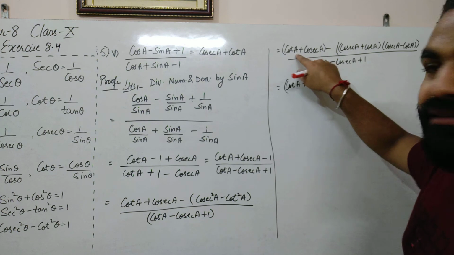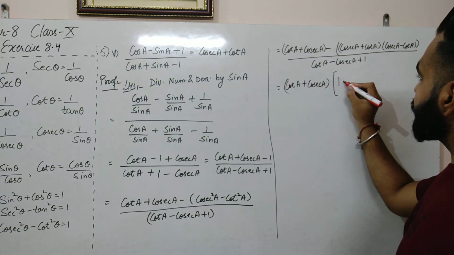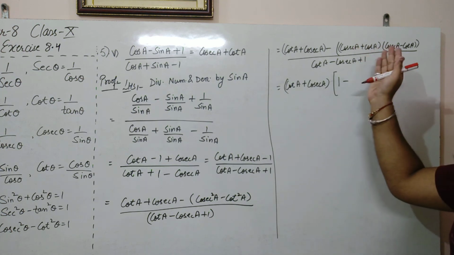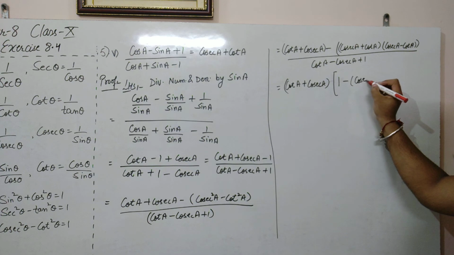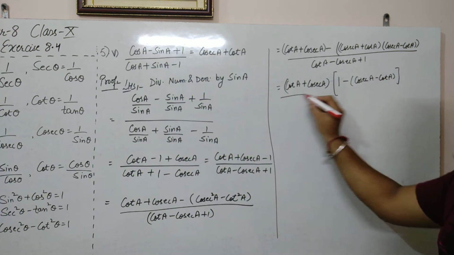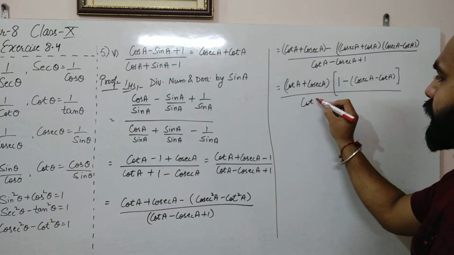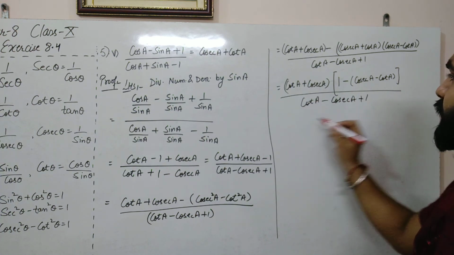At this place it will be 1 minus cosec A plus cot A is taken common, so this will be left cosecant A minus cot A divided by cot A minus cosec A plus 1.